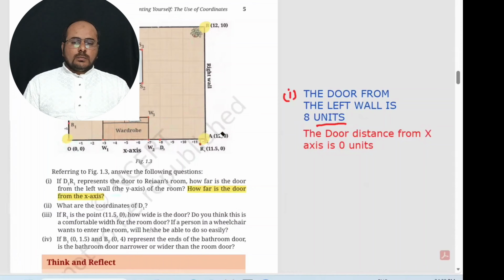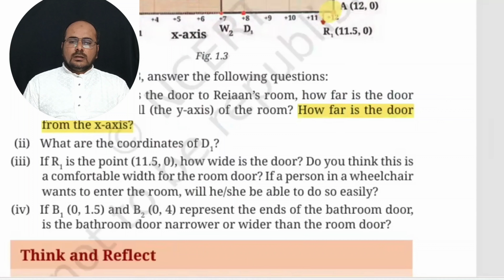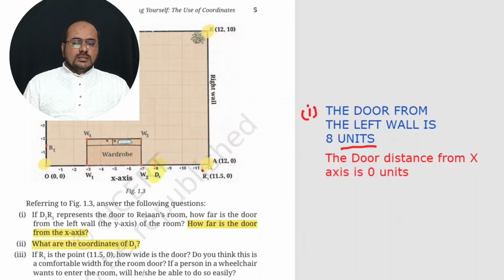Now again we shall discuss the points. Right. Now my next question is, what are the coordinates of D1? So here already the door we have taken as D1. This door's coordinates we need to take. As we know very well, in the previous video also I explained for you, my dear. If you come to the second answer, coordinates of D1 are 8, 0.